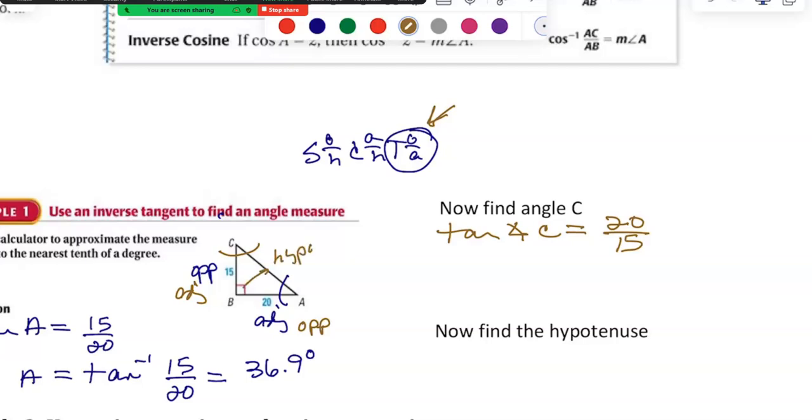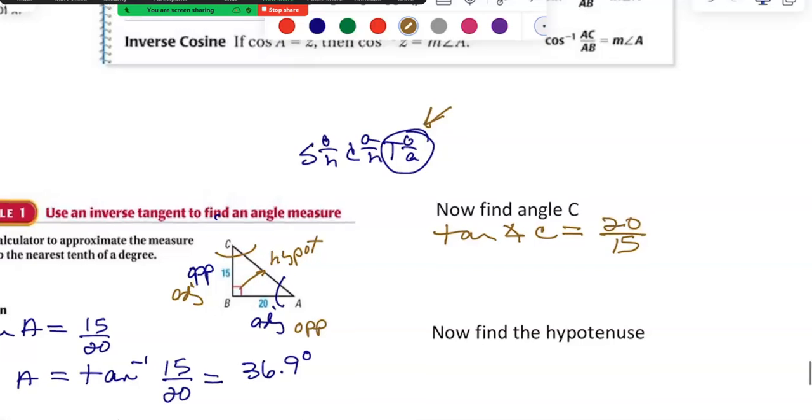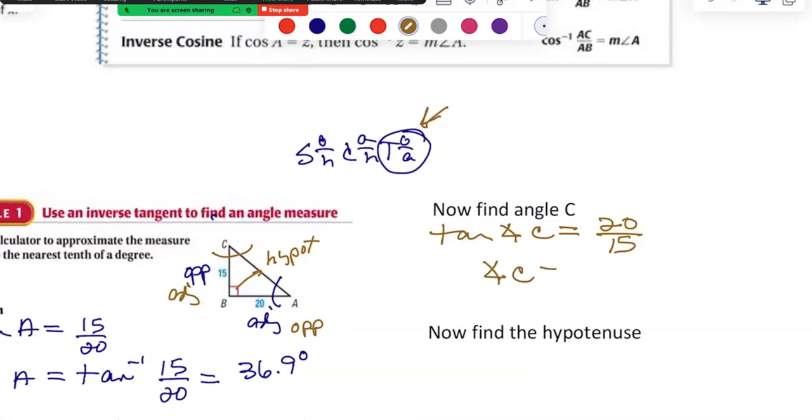The hypotenuse never changes. So to get angle C, I'm going to say tan inverse of 20 over 15, and angle C ends up being 53.1 degrees. Angle C and angle A will sum to 90 because they are complementary.